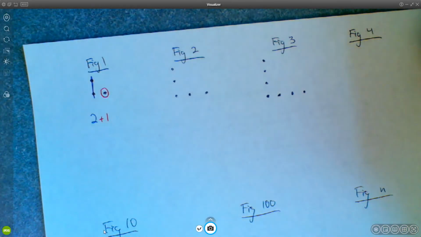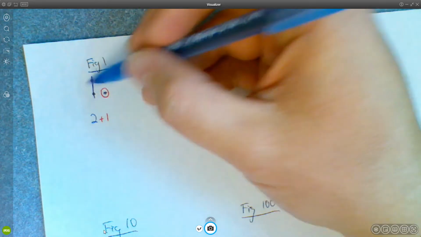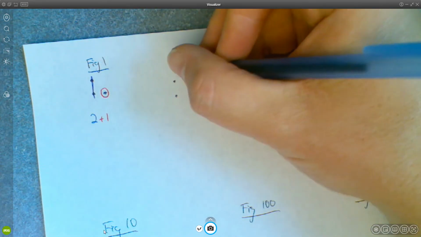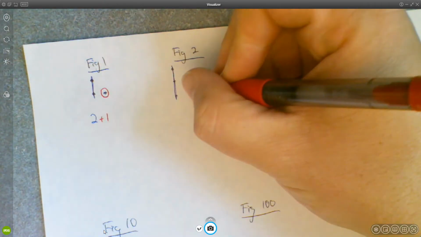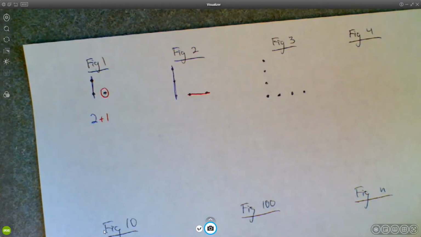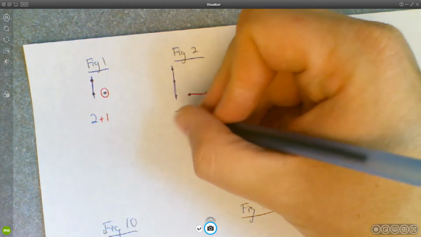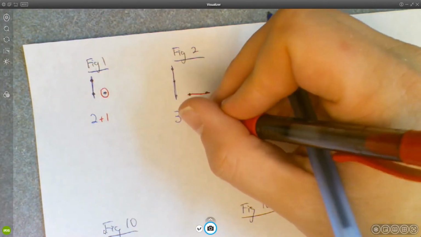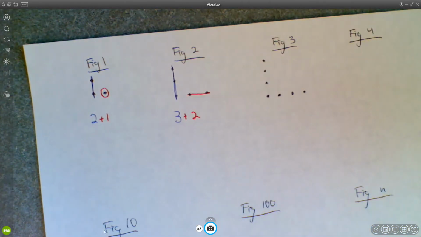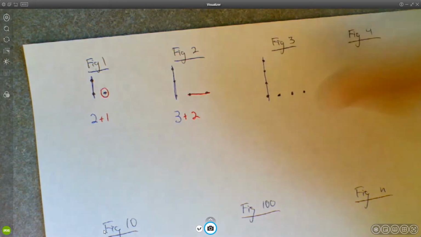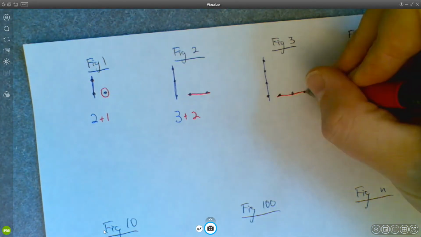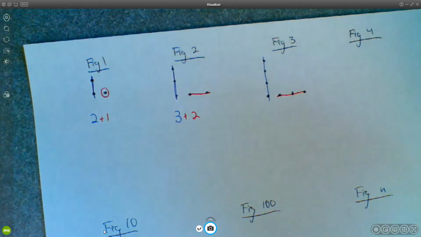Now if I try to extend that same number sentence or that same kind of pattern, I think what I would do is draw a line through these 3 and then a line through those 2, right? And so then that would be 3 plus 2. And then for the next one, I would draw a line here and then a line there. So I think that's 4 plus 3, right? So it's 4 plus 3.